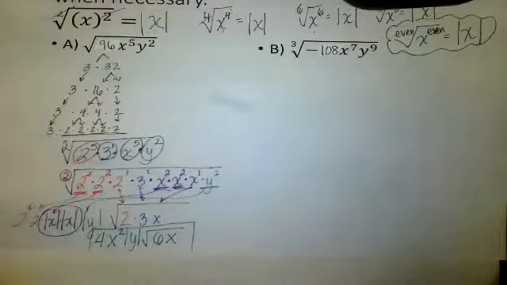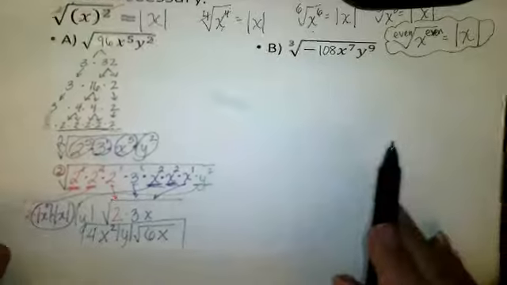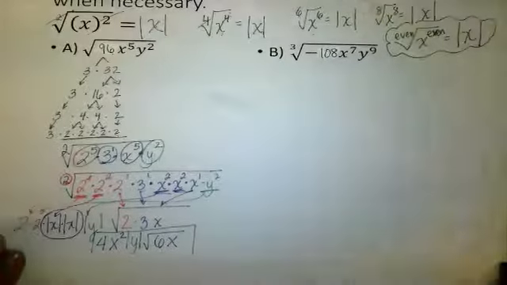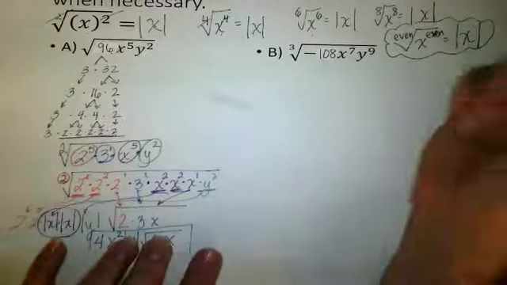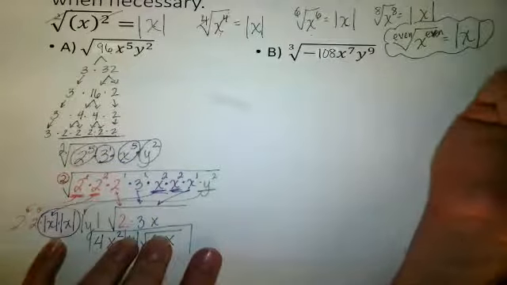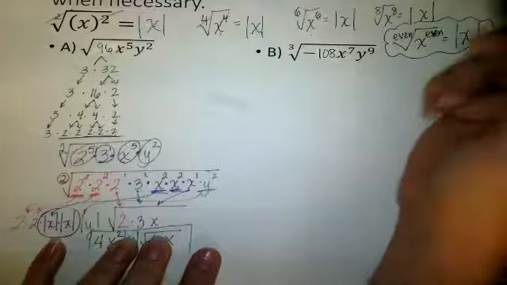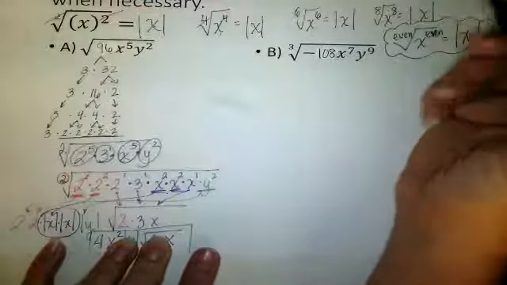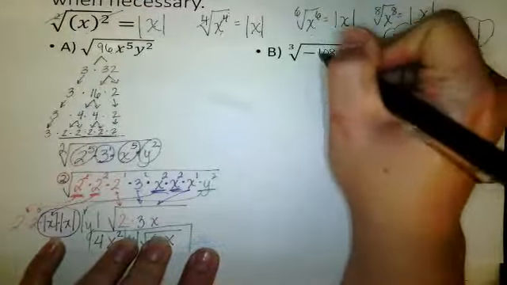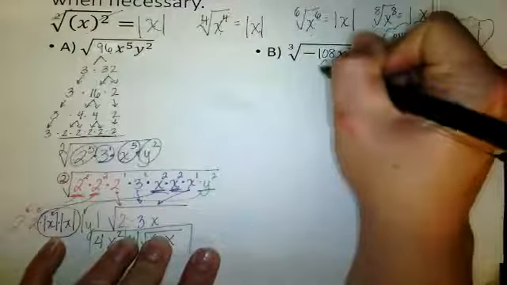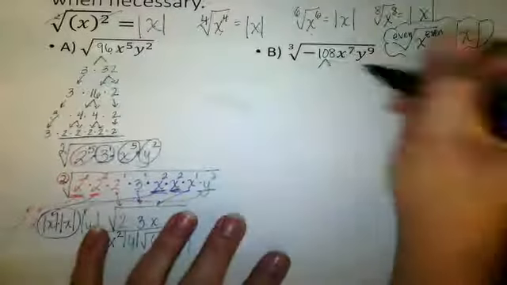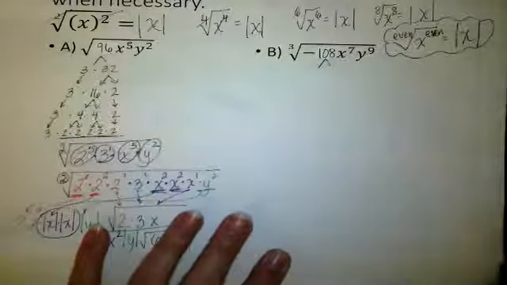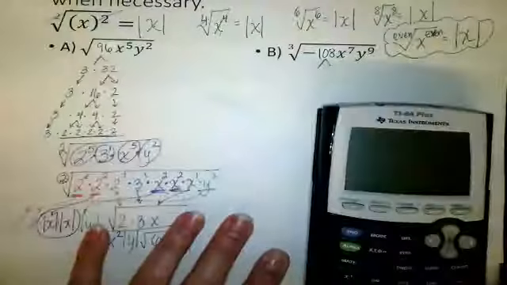All right. Letter B is kind of similar, except it's got a negative. So what I'm going to do is look at the prime factorization of 108. I'm going to deal with the negative in just a little bit. 108 is what times what?